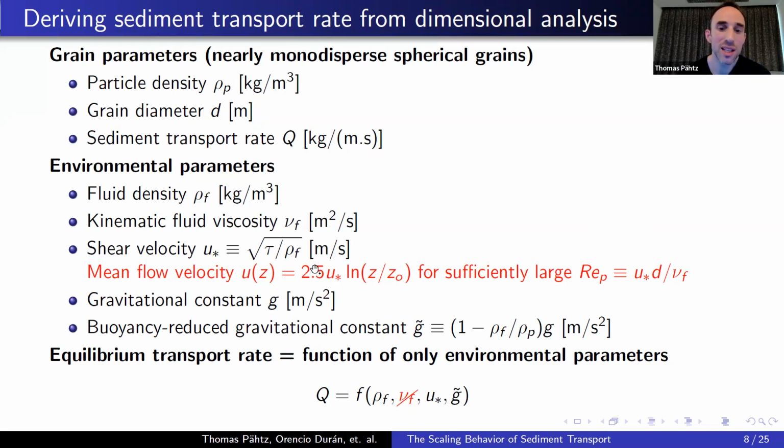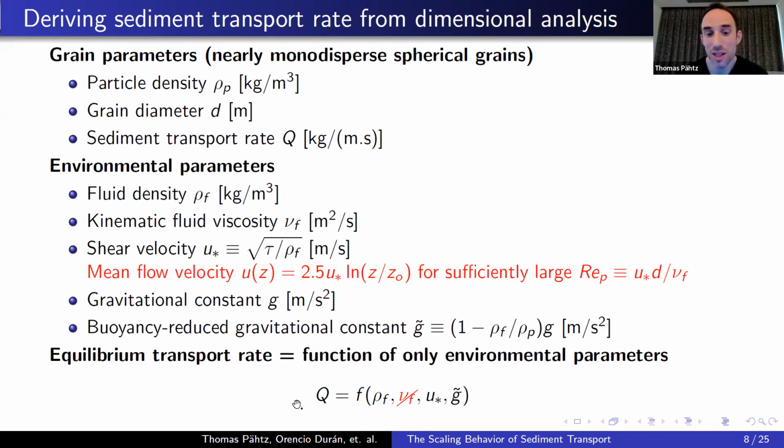In this law, essentially the viscosity doesn't matter anymore. When you assume a law like this, the viscosity wouldn't matter as much. It would still be in the roughness, potentially, but it's only a logarithmic dependency. So, second modification, we assume that the viscosity doesn't matter.